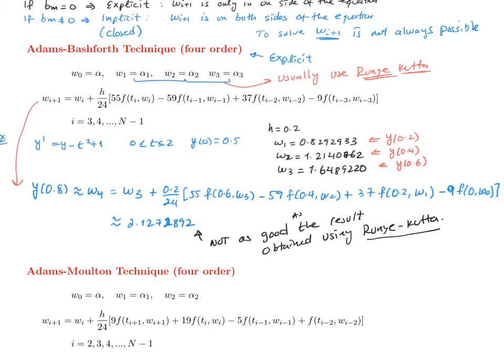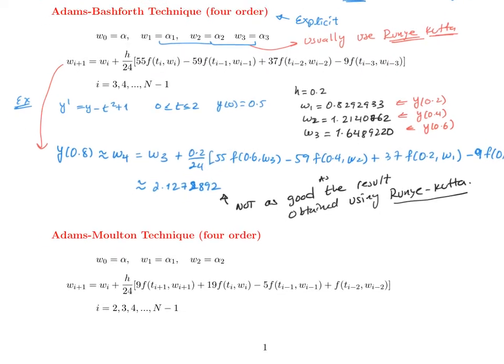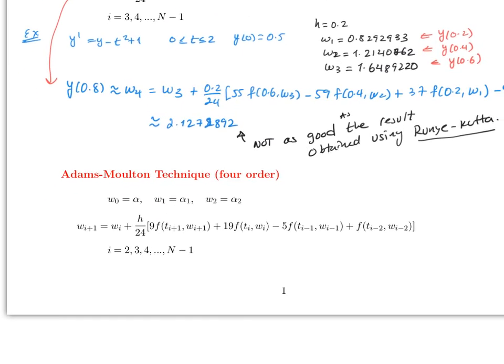Now the Adams-Moulton technique of order 4, which again you will see soon that there's nothing special about order 4. It could be order 2, order 3, and so forth. This is an example of an implicit or closed technique.